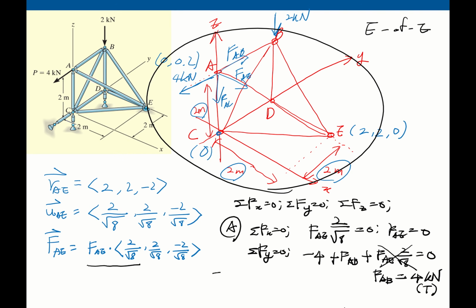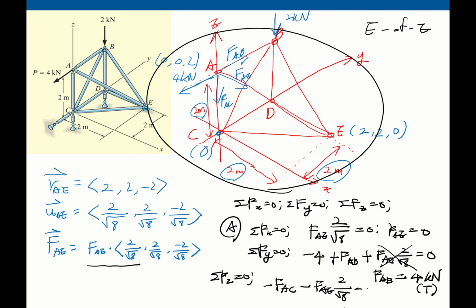The last one is sigma Fz equals 0. Let's see, for the z directional forces, how many forces? We have one negative force, minus FAC, because this is a downward direction, so I put the negative sign. Another one is minus FAE times 2 over square root 8.